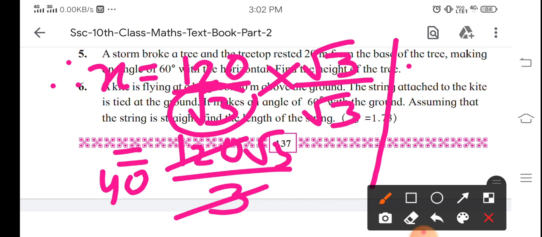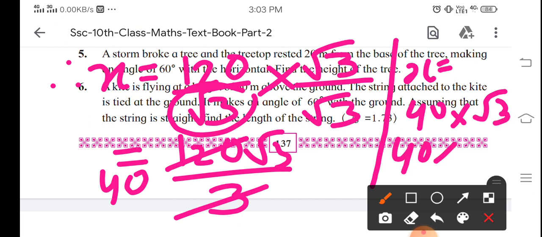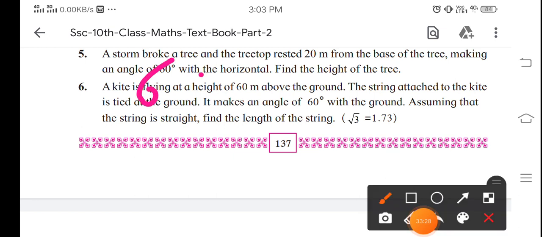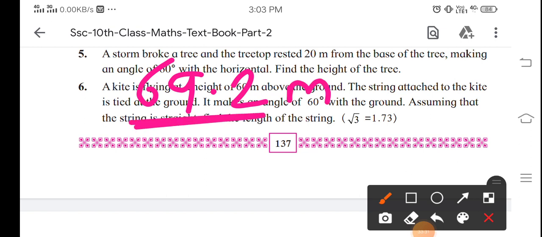So you are getting the value of X, that is 40 into √3. Now we have the value of √3, so just substitute that value, that is 1.73 they have given, and when you multiply this 40 into 1.73, what are you getting, just tell me, 69.2 meter. So this is the answer.